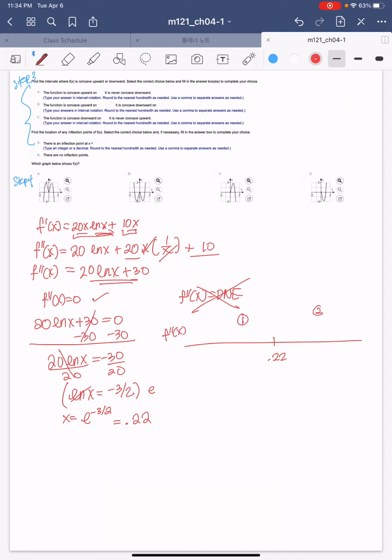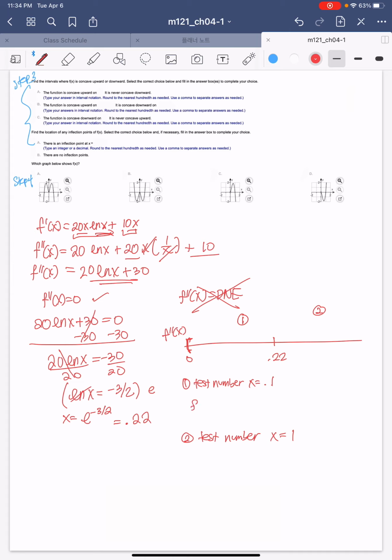Let's use test points. For region 1, remember we have a domain issue at 0, so I'm going to pick 0.1. For the second part, I can choose anything bigger than 0.22, which is positive 1.